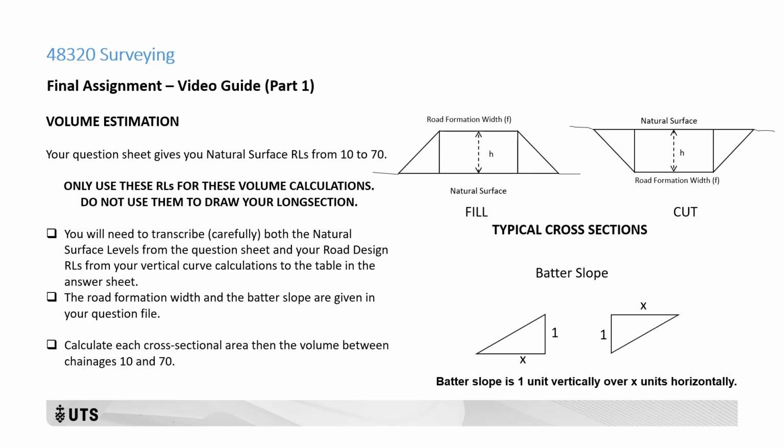Your data sheet will give you the road formation width. Your batter slope will be given to you in your data sheet. And so one of the first steps will be using the height of cut or fill as calculated from your estimations, your work. Calculate the area at each of the cross sections and then work out the total volume between changes 10 and 70.